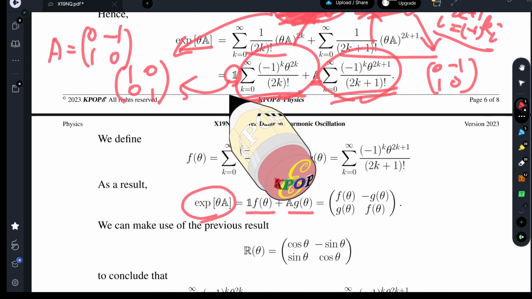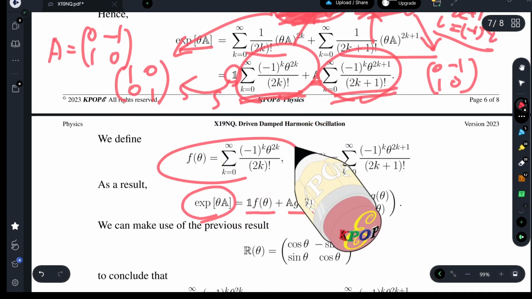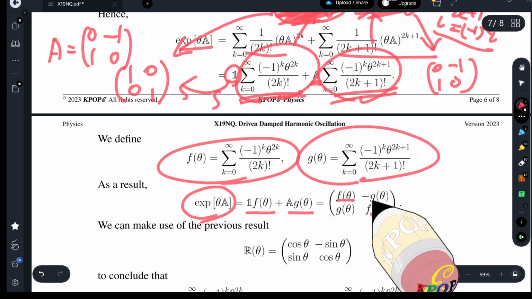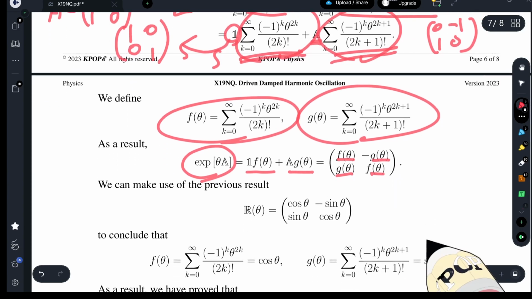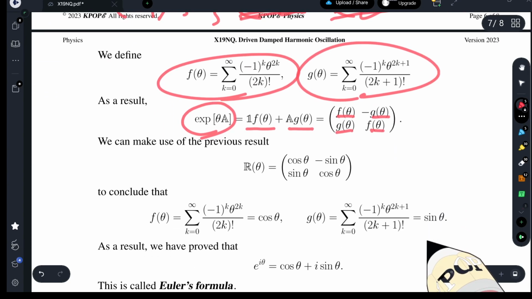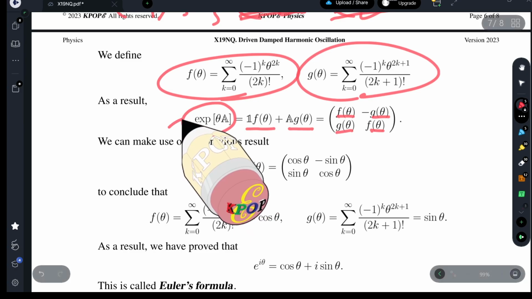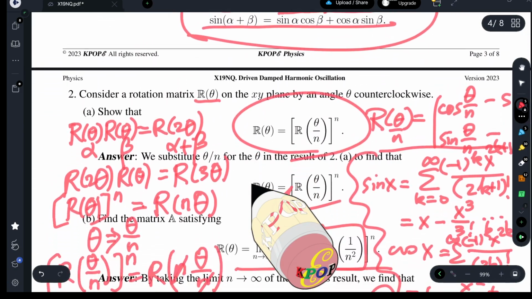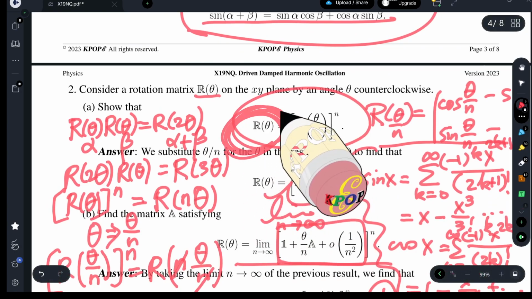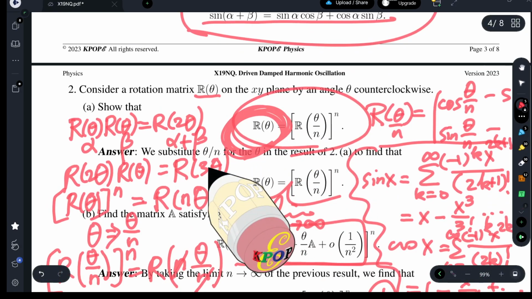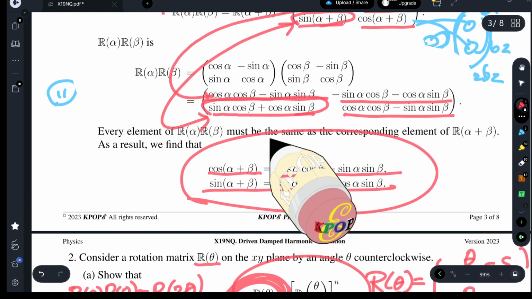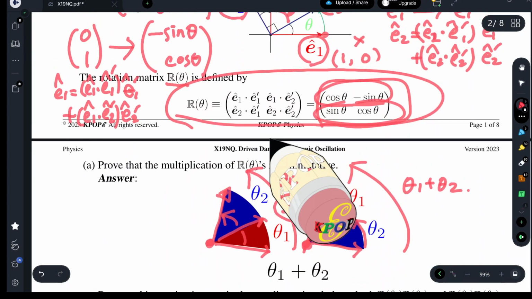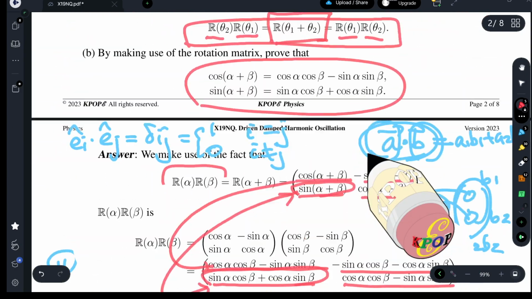Anyway, let us say it is f of theta, and this is g of theta. Substitute f and g. I don't know what they are. However, I can identify that this one began as the rotation matrix R of theta, which we already know. It was this.